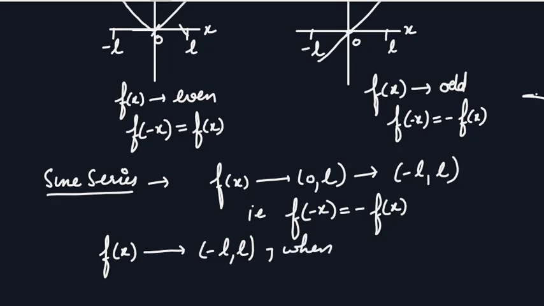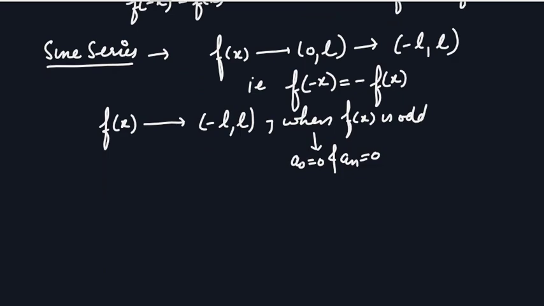That is, I will extend the function f of x in the interval minus L to L when f of x is odd. If f of x is odd, then which terms are 0? a0 is 0 and an is 0. These two terms are 0.